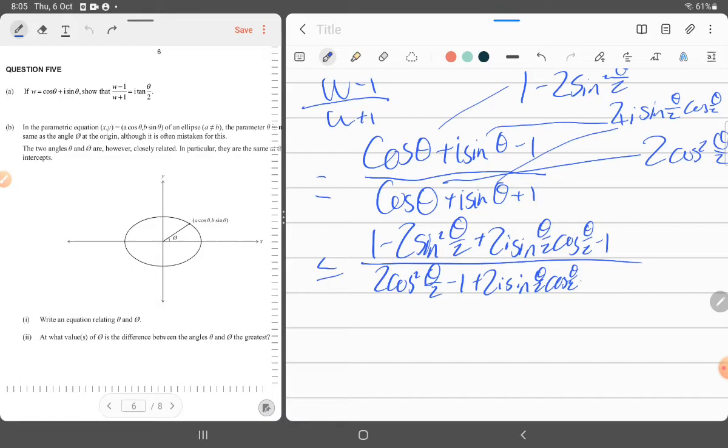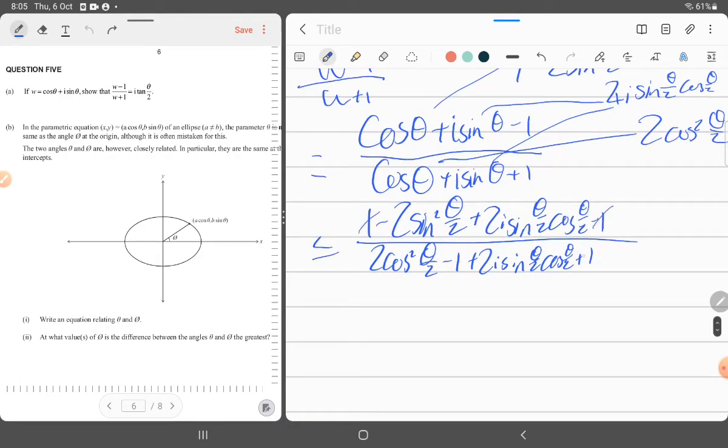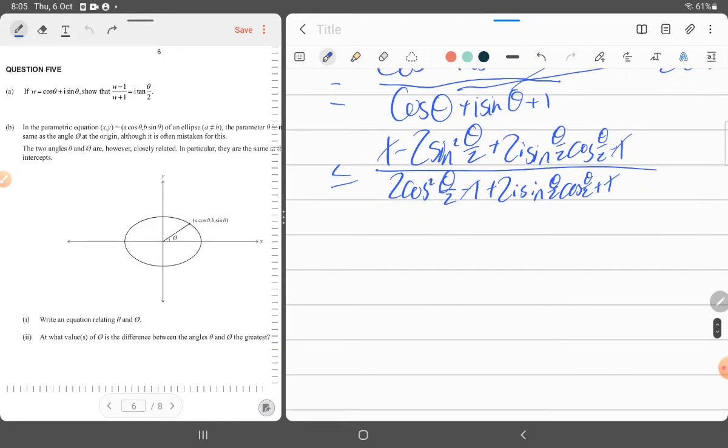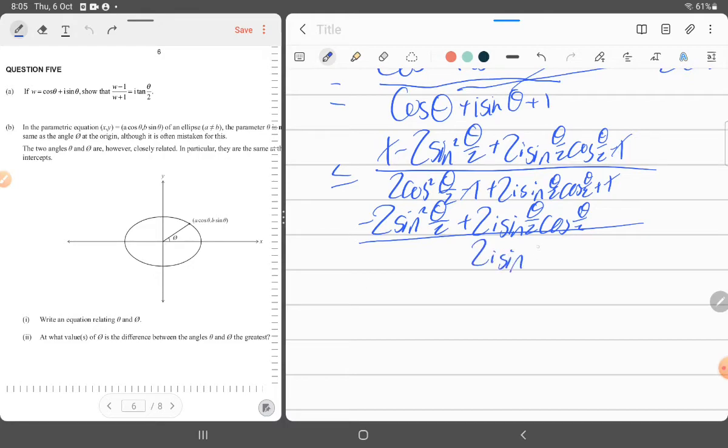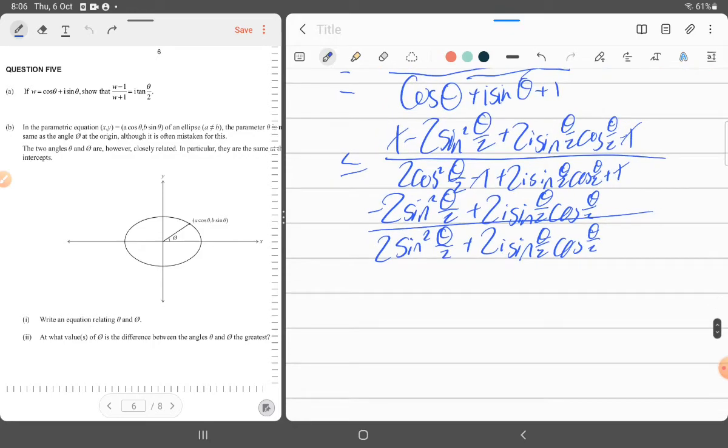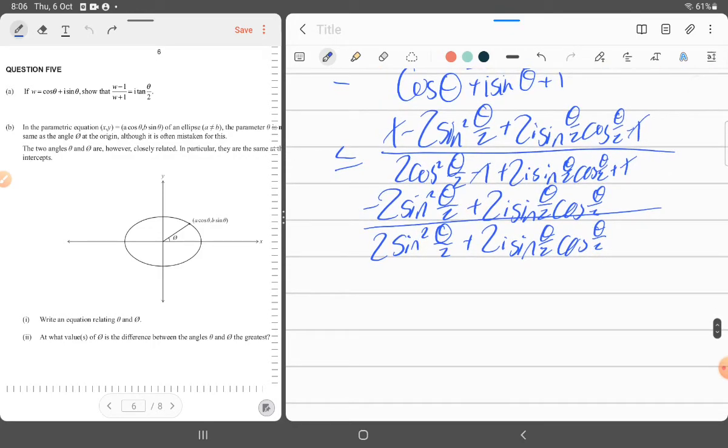Theta over 2 plus 1, the 1s cancel. So 2 sine squared over 2 minus, plus 2I sine theta over 2 cosine over 2, all over 2I sine 2 cosine theta over 2. Oh no, that's cosine.